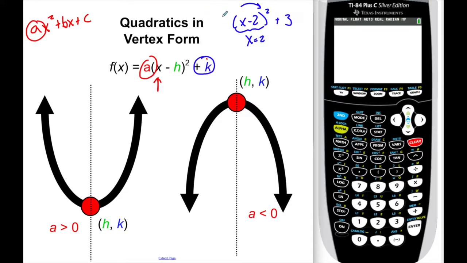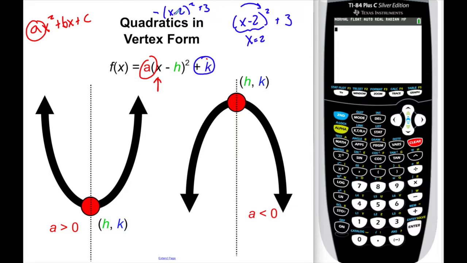Now, if there is a negative in front, such as negative (x minus 2) squared plus 3, notice that these are being subtracted from 3 because they are negative. For example, if I plugged in 3, getting 3 minus 2 is 1, 1 squared is 1, this becomes a negative 1. I'm subtracting 1 from 3. I get 2.